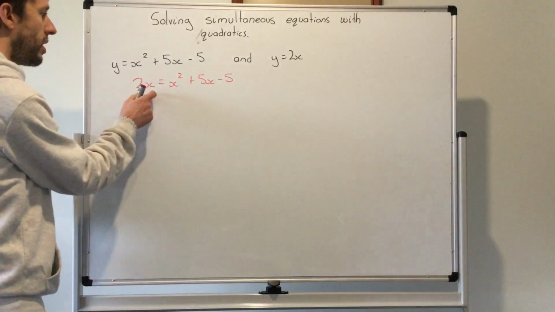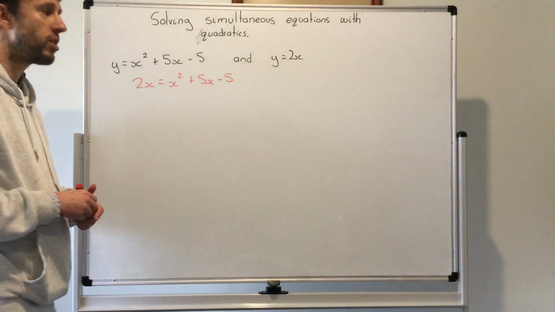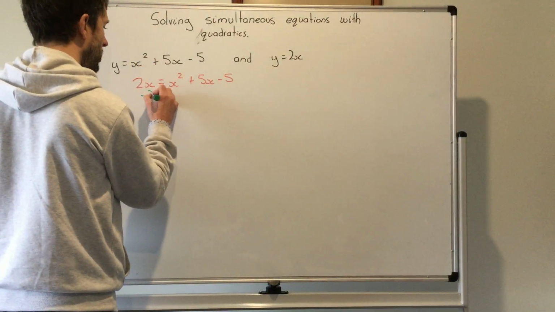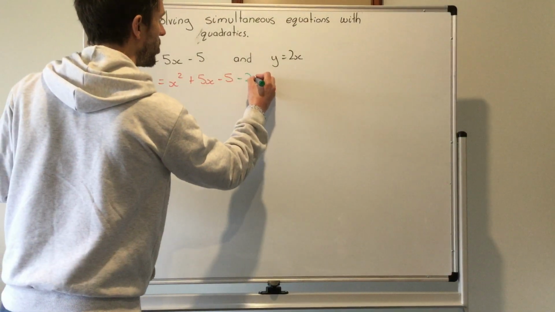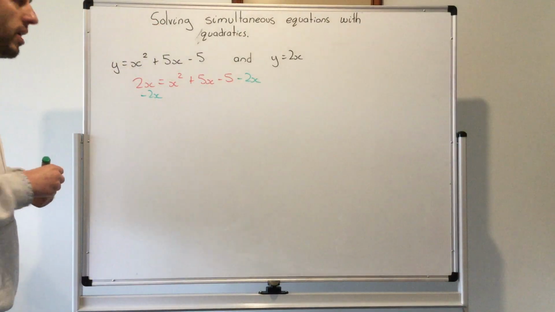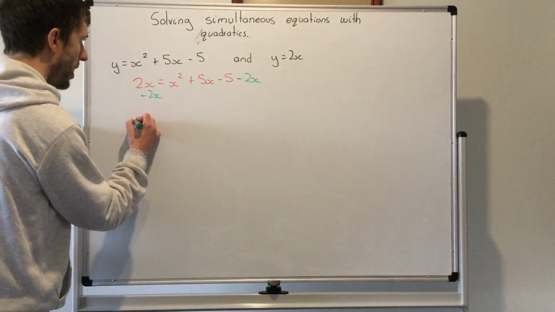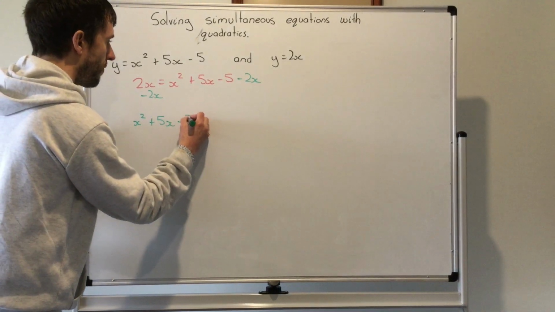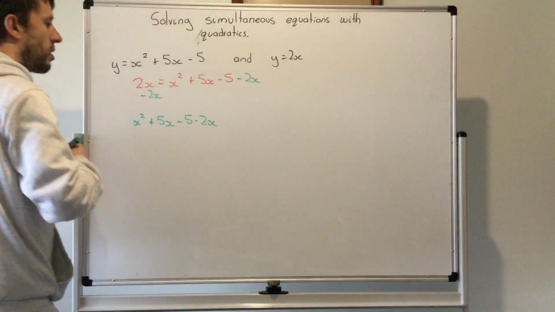So that means to get this to the other side, I need to take 2x from both sides. So I'll take minus 2x, and I will minus 2x on this side. And that just allows me to rewrite it as x squared plus 5x take 5 take 2x.